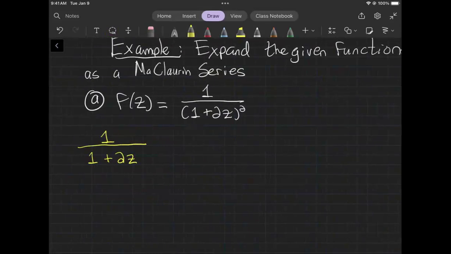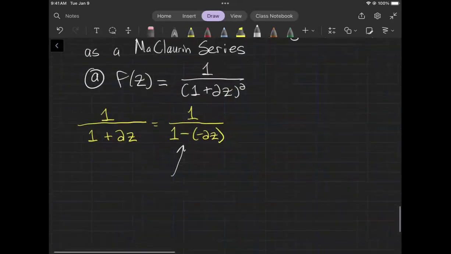Spoiler alert, this will represent a geometric series. So if I write out this quantity as 1 over 1 minus negative 2z, this should ring some bells about how we could express this quantity, right?